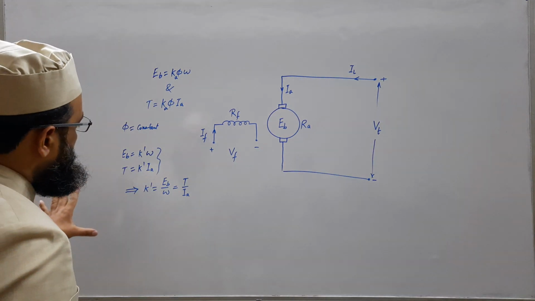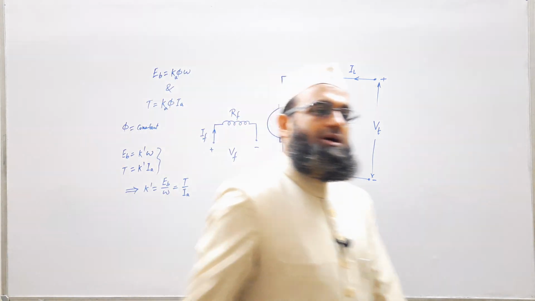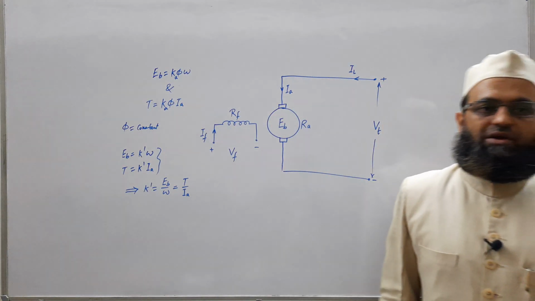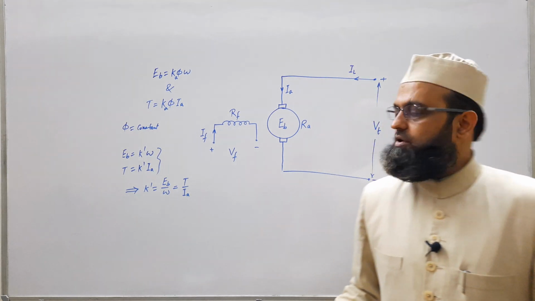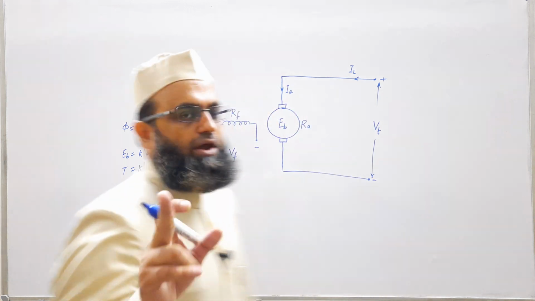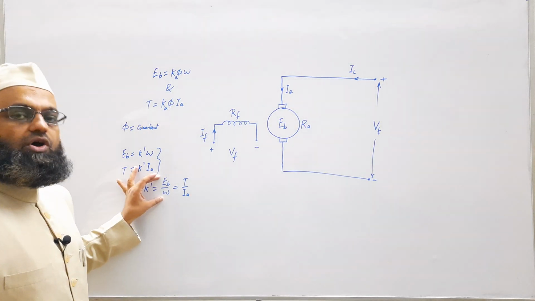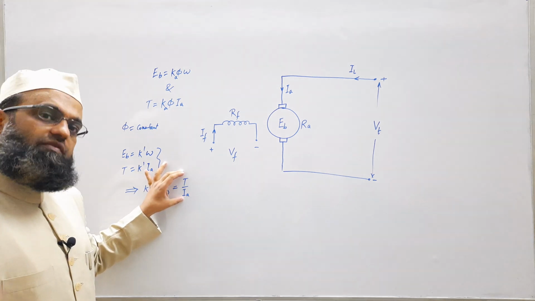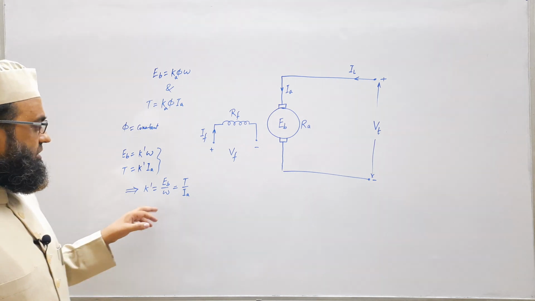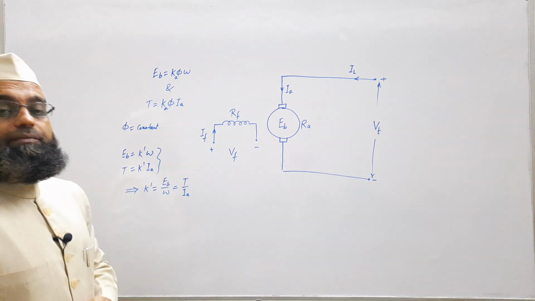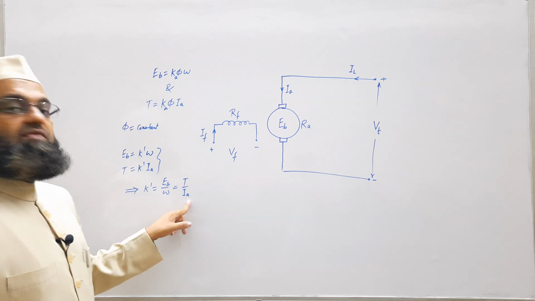Fine. So our first aim will be, whatever the statement of the problem may be, at first instance it looks very complicated, don't worry. Just try to find out the value of K dash, either with the help of these two or with the help of these two, if given directly or indirectly. Sometimes torque and omega will be given, or sometimes omega or Ia will be given.